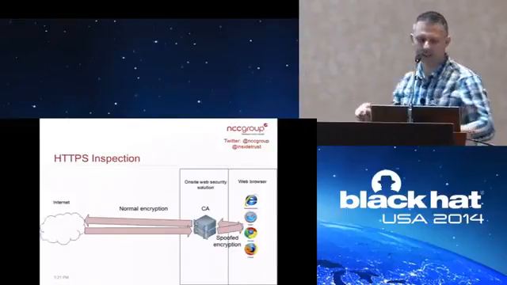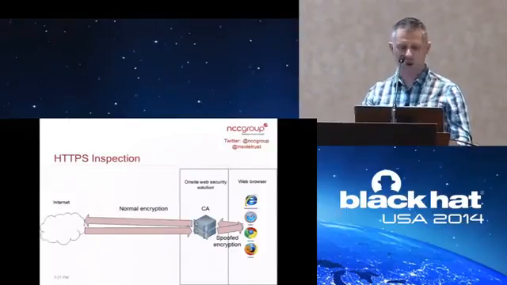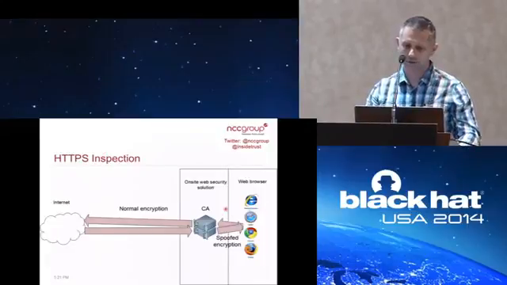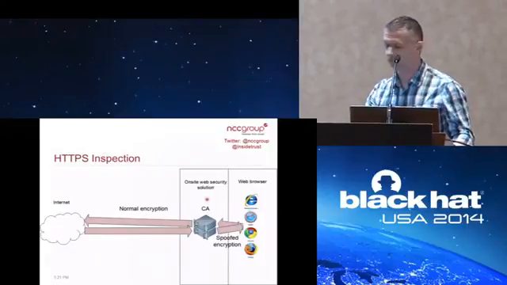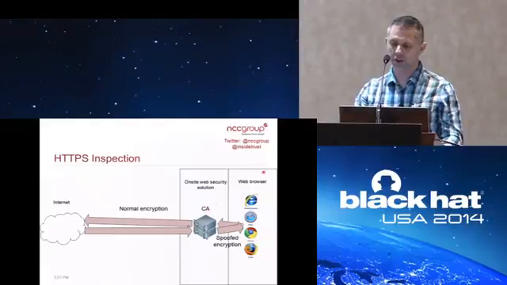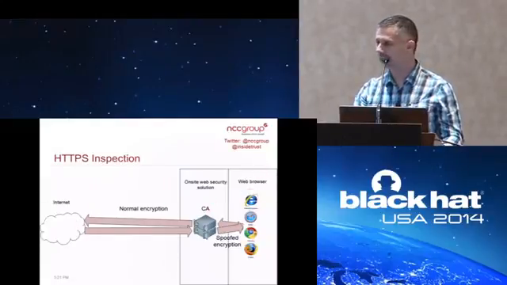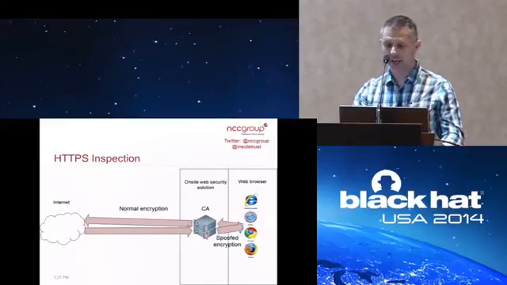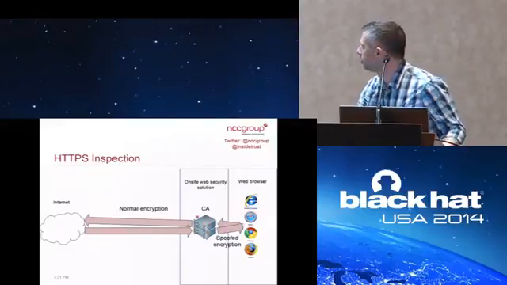So very briefly, the way that SSL inspection usually works is that the proxy has a CA, and it's creating certificates for the sites which are being visited. All of the browsers internally are configured to trust that CA, so you can have these two levels of encryption.